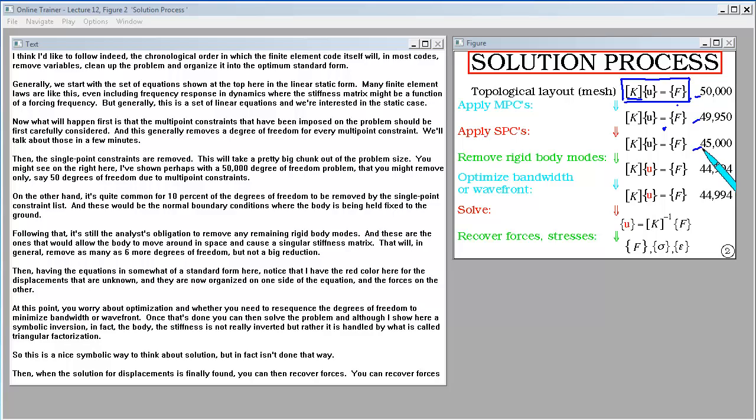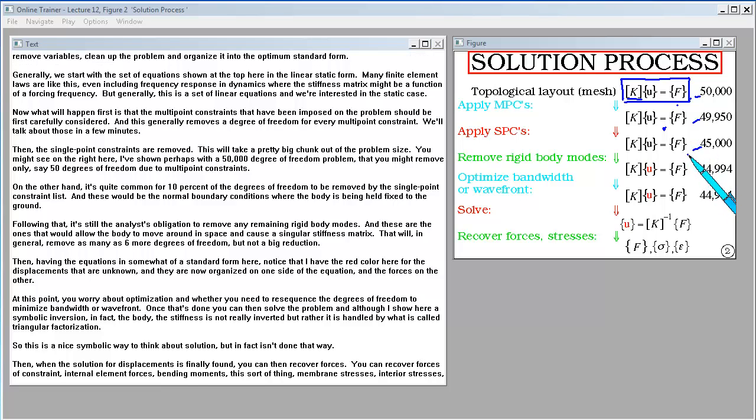And these would be the normal boundary conditions where the body is being held fixed to the ground. Following that, it's still the analyst's obligation to remove any remaining rigid body modes. And these are the ones that would allow the body to move around in space and cause a singular stiffness matrix. That will, in general, remove as many as 6 more degrees of freedom, but not a big reduction.